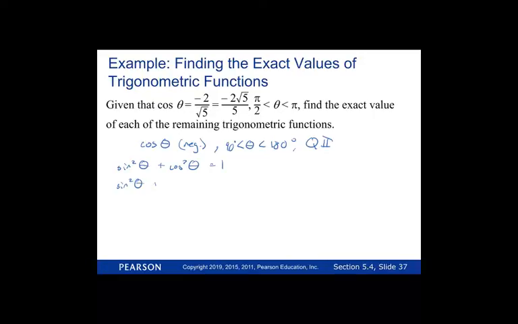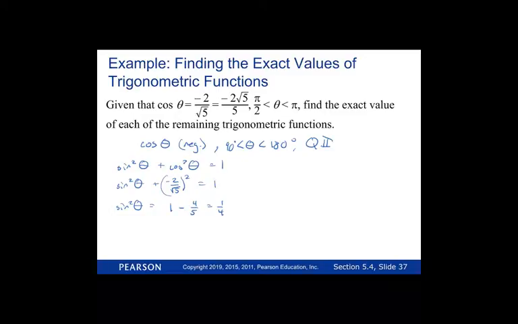Cosine was what? Let's do negative 2 over root 5, squared. That should equal 1. Okay. So then sine squared theta is going to be equal to 1 minus 4 over 5. Is that okay? Because if we square it, it becomes a positive 4 and it stays as 5. So then that result is 1 over 4.